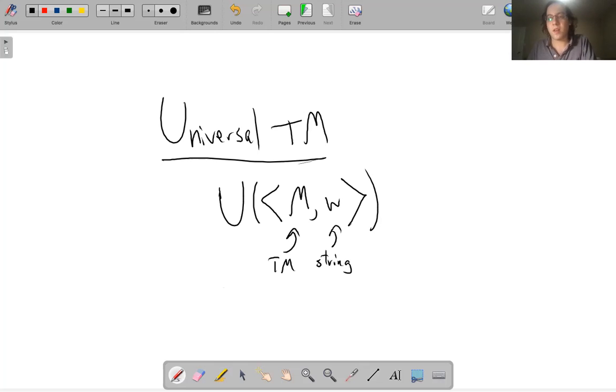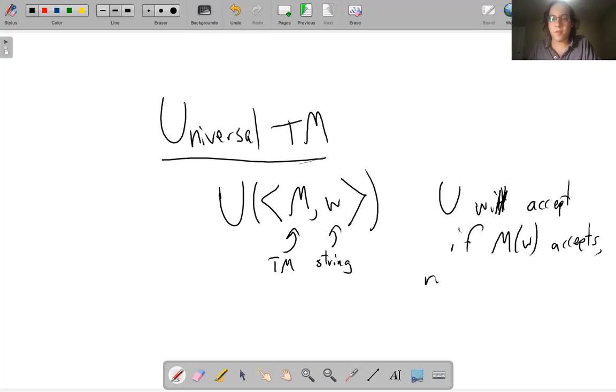And then it will accept if M accepts W, and it will reject if M rejects W. And then it will loop.